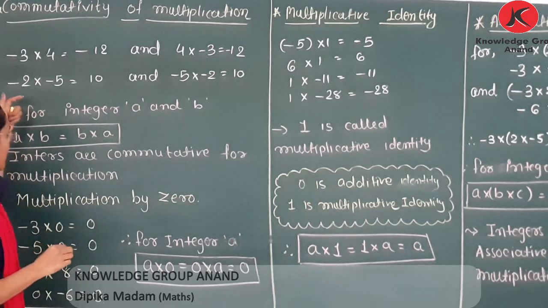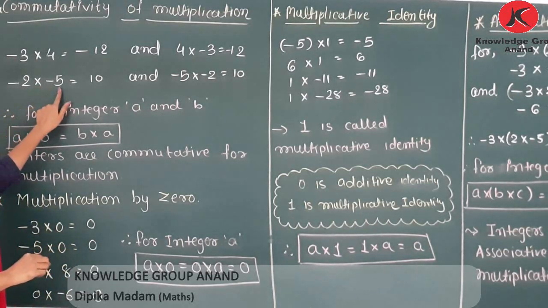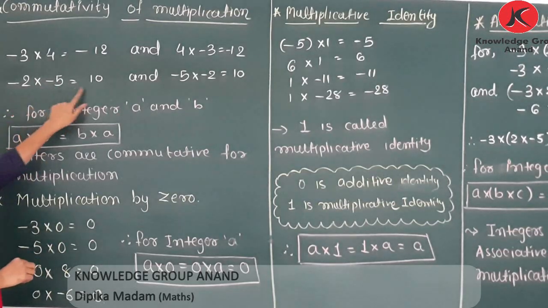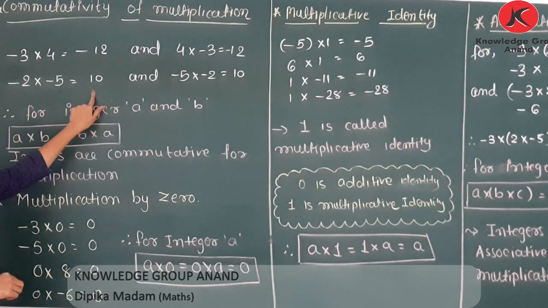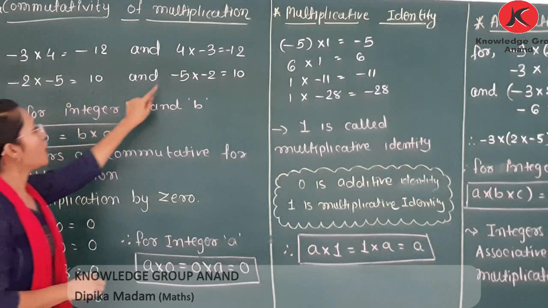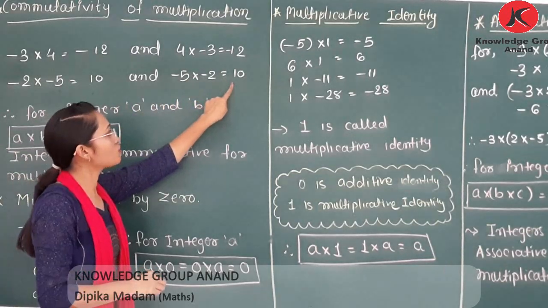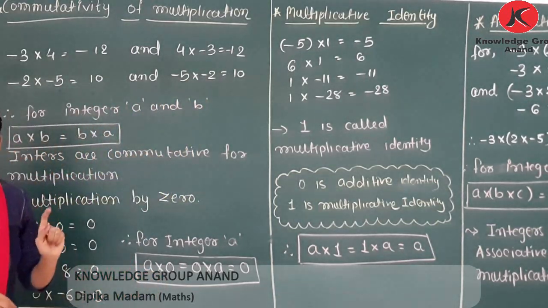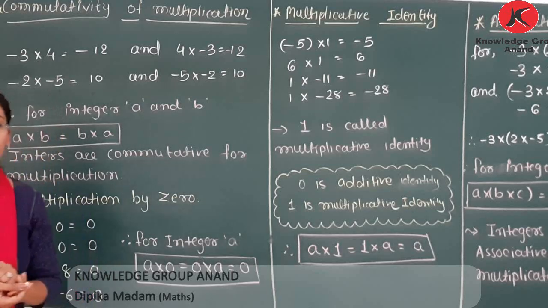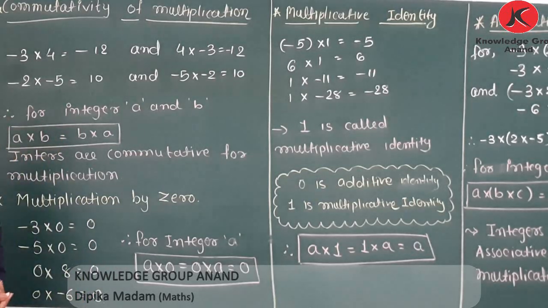So next example -2 multiply -5, 2 5s are 10, answer is positive integer. If you change the order, -5 multiply -2 that is 10. It means if you change the order in a multiplication, answer is same.